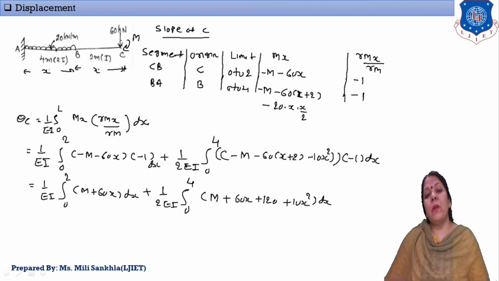Here I multiply this total term with minus 1 and also multiply this term also, okay. Now here this is a simplification.